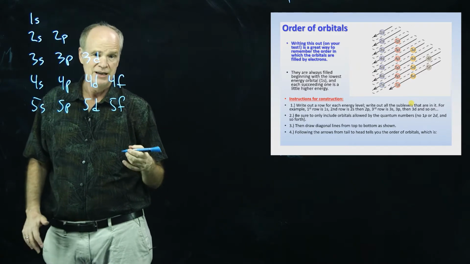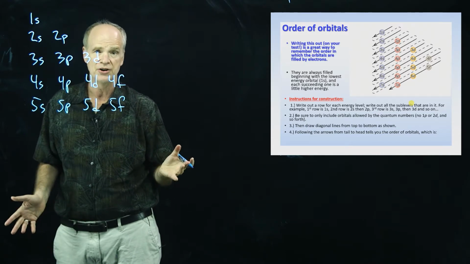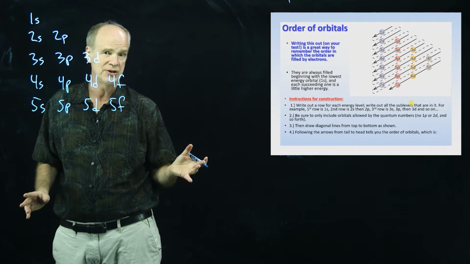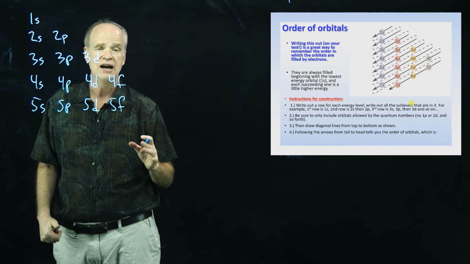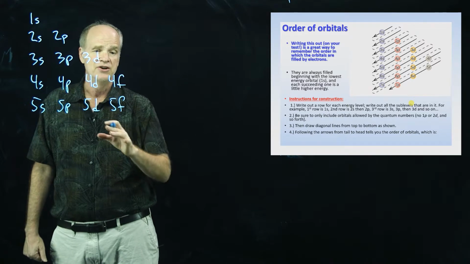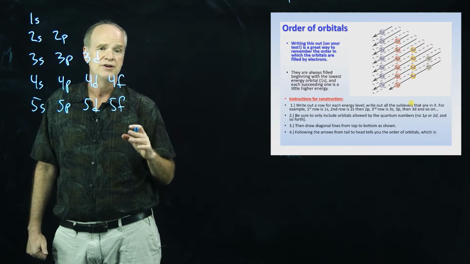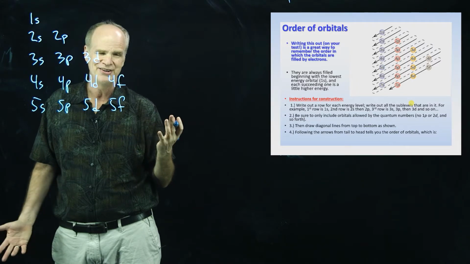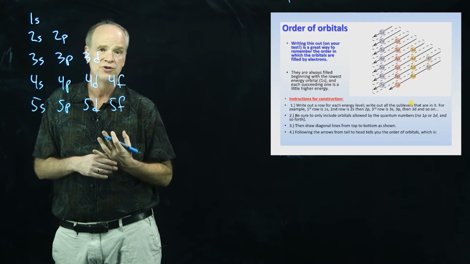Now you might have learned somewhere that after the f sublevel, you might have another higher energy sublevel called the g sublevel. So the question is, do we write in 5g? You could if you want to. I usually leave it out. I don't go any further than f, and the reason is if you look at the periodic table, you have now up to about 118 electrons that can fill orbitals.